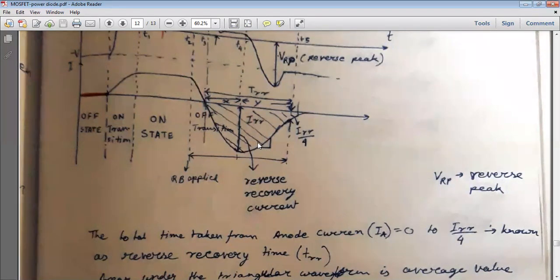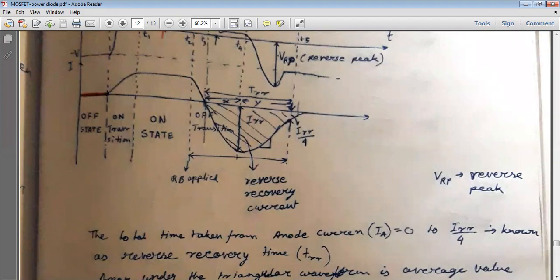The slope of this is di by dt, that is during the discharging period of the capacitor. After the peak of the current, that is IRR, the peak recovery current, it will come to zero slowly. So during that portion, this slope is actually the rate of discharge of current.